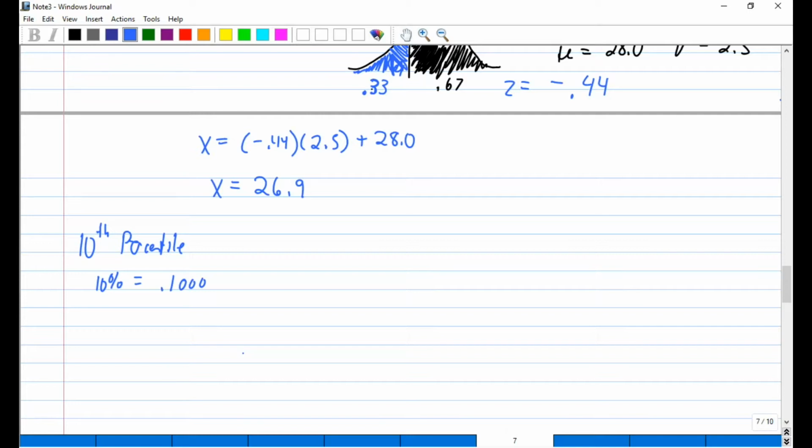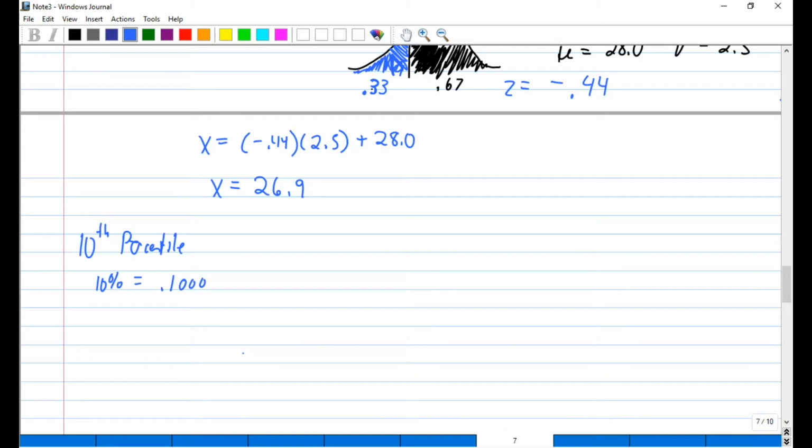So if you look and find 0.1003, that's as close to 0.1000 as we can get. The number on the left is 15 ten-thousandths away. The number on the right is 20 ten-thousandths away.